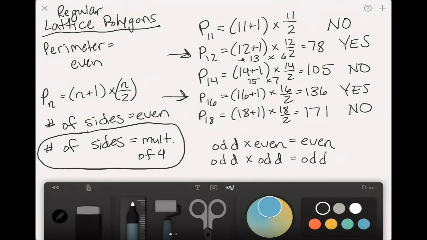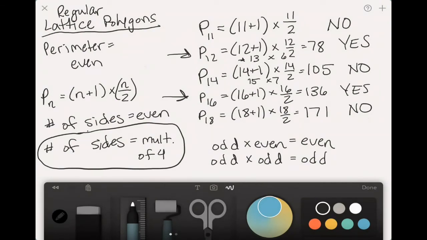So can we make a regular lattice polygon with 400 sides? Can we divide 400 by 4? Yes. So yes, we could. That's it. We don't have to plug anything into the formula or calculate anything. We know the answer is yes. Can we make a regular lattice polygon with 414 sides? No, because you can't divide 414 evenly by 4.